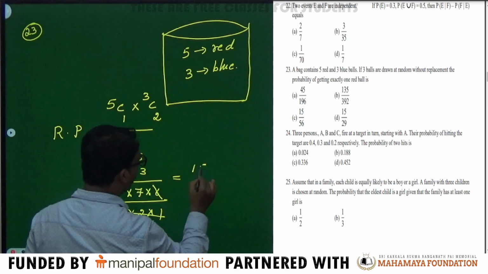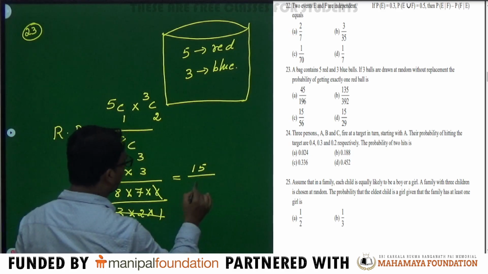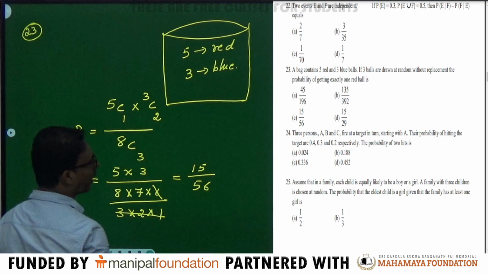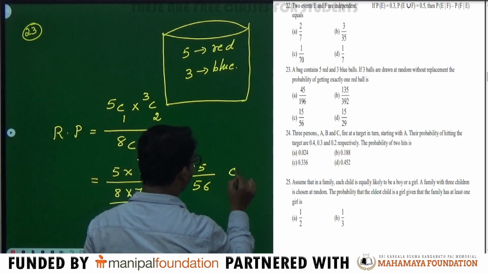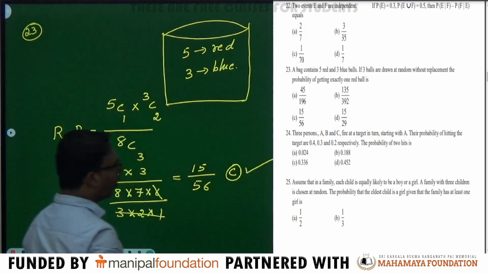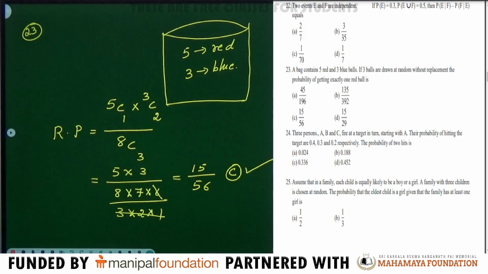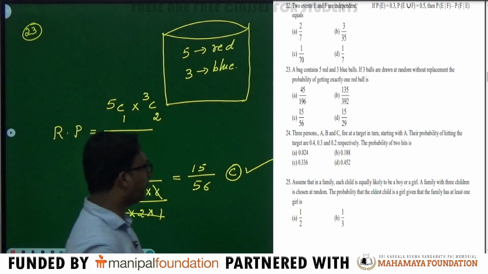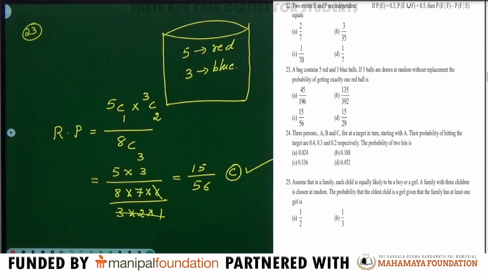We get 5 threes are 15 upon 8 sevens are 56. Therefore, the correct answer is option C. For the question number 23, the correct answer is option C. That is the required probability. Next problem.